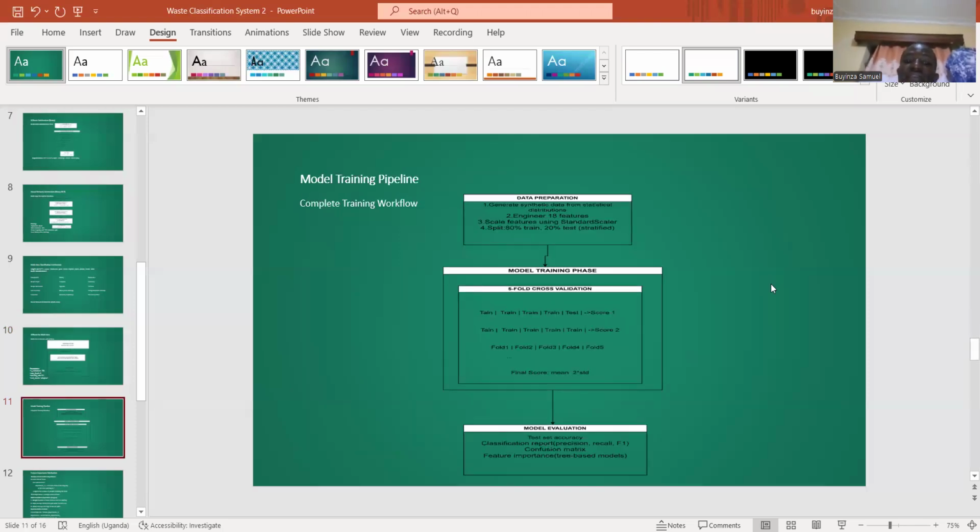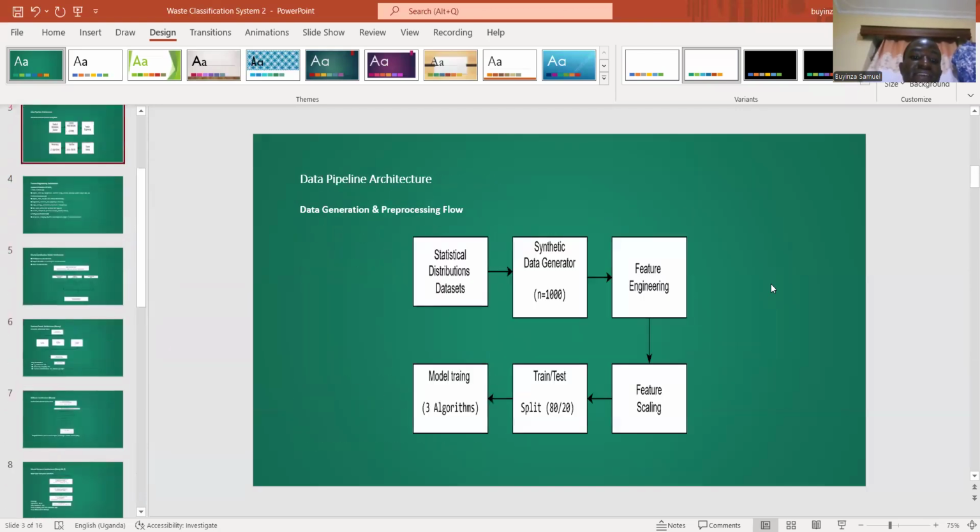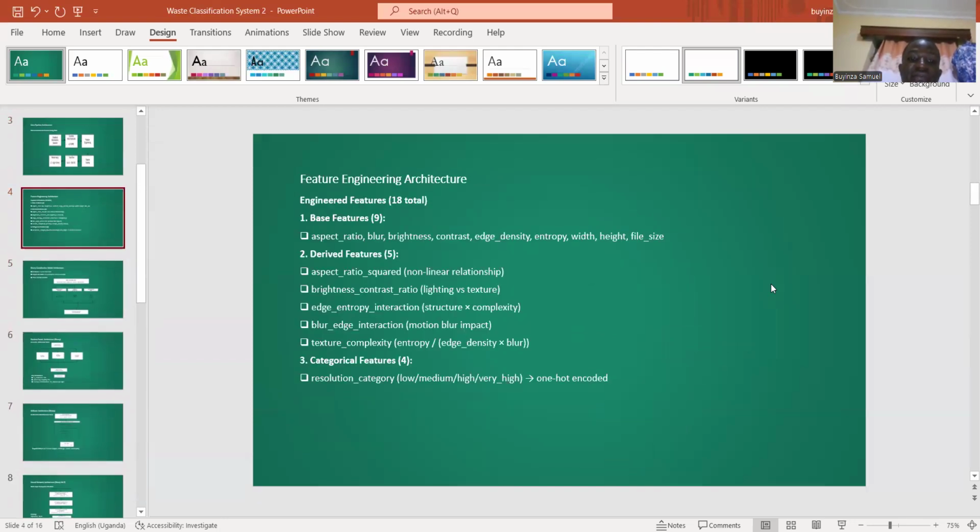So when we look at the model training pipeline, that is majorly looking at the complete training workflow. Here we have data preparation as the first step, where we generate the synthetic data from statistical distributions. Then we engineer the 18 features, that is the 18 engineered features.